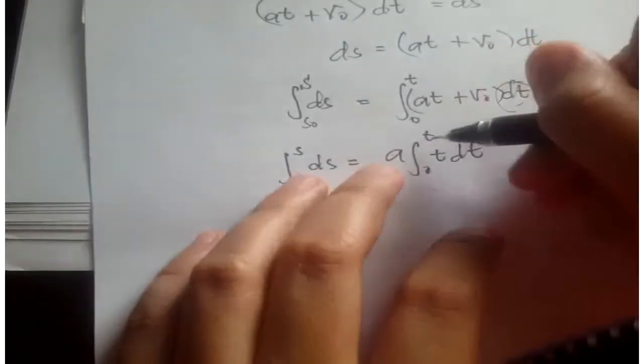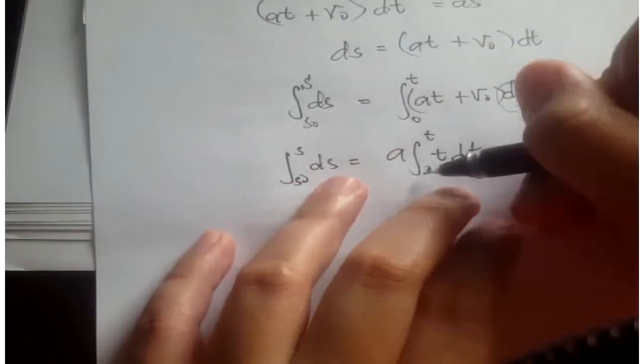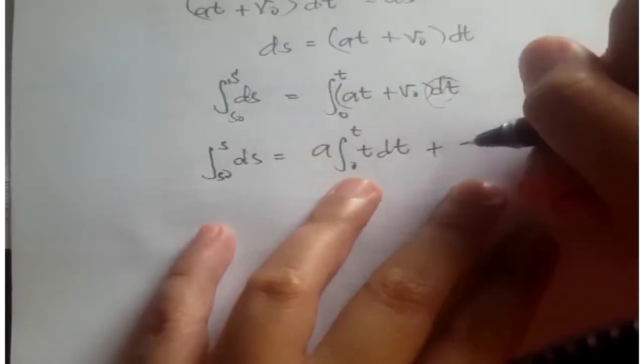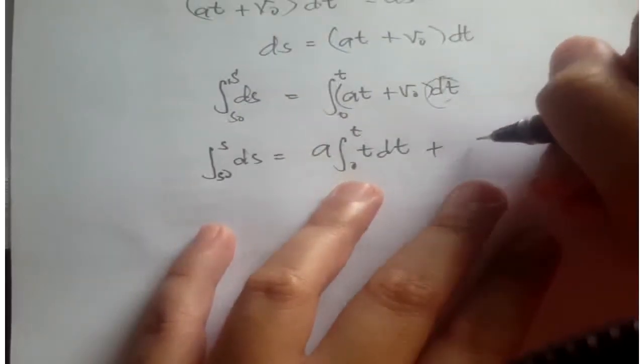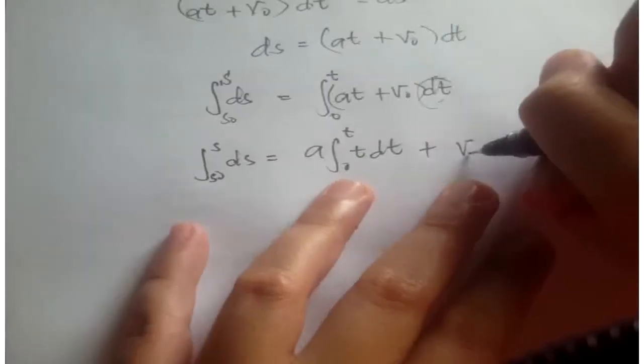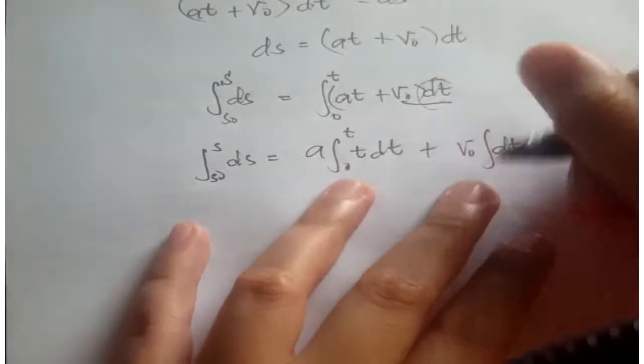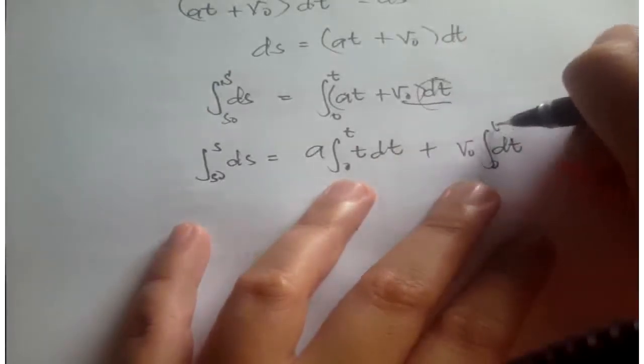So we have a times the integral of t dt from 0 to t, and then we have the integral of v sub 0 dt from 0 to t.